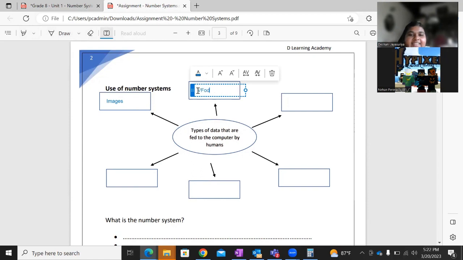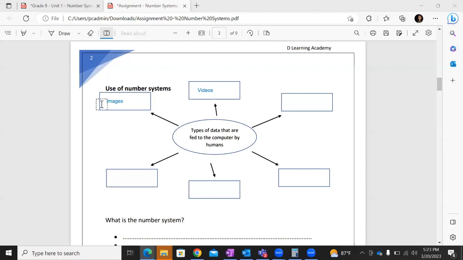So always write it like this: images, videos, text. Anything in these forms can be converted to numbers, right? So images, videos, text, any file format, actually.